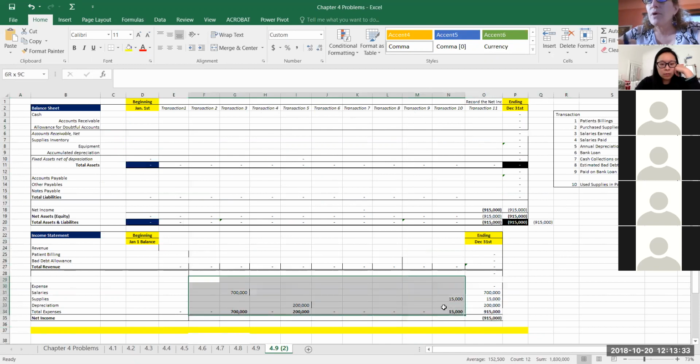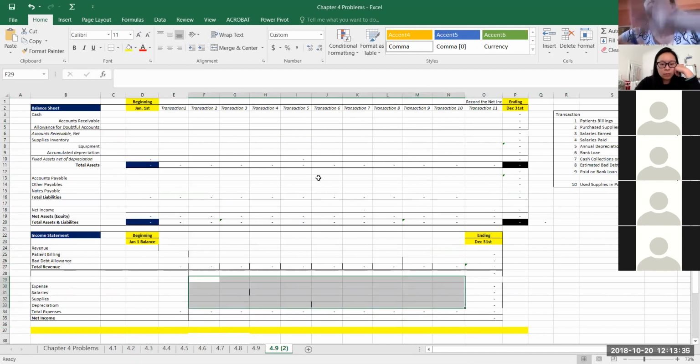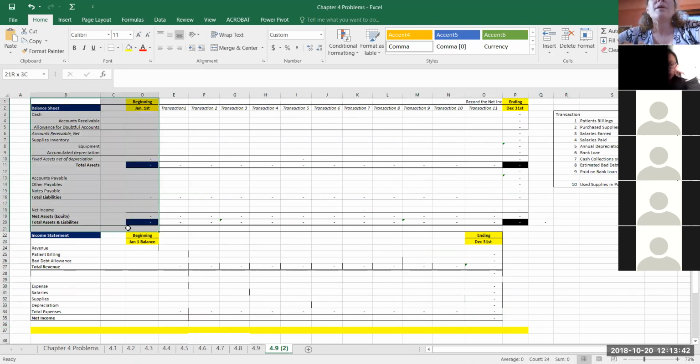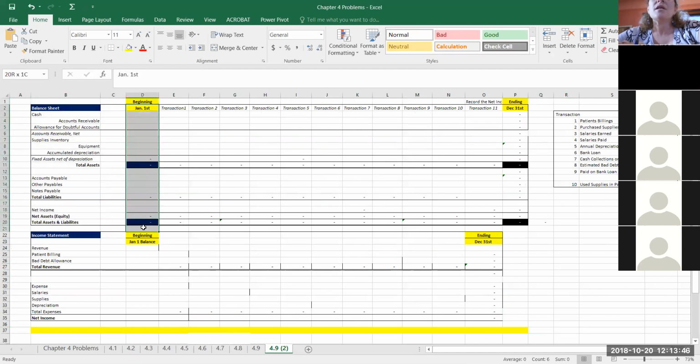The way that this template works, hopefully you were able to get some idea of this, is I want to put in a beginning balance sheet, okay? Because the balance sheet is a spot in time. Remember reading about that?